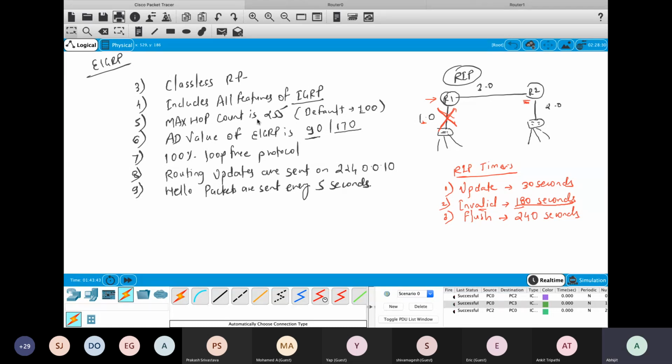The third timer is the flush timer, which is the time before the invalid route is removed from the routing table. And then there is a fourth timer, called the hold down timer, which is again 180 seconds.